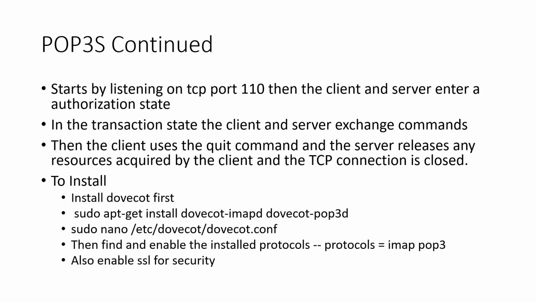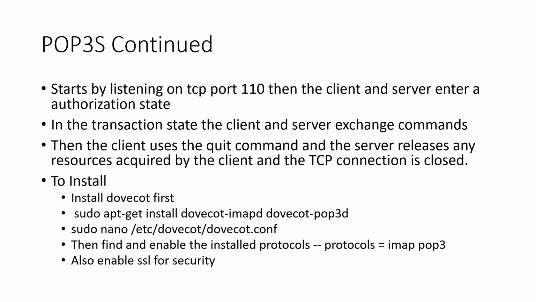In order to leave the session, the client will use a quit command, and this is when the server would delete anything that was released to the client. Also the TCP connection is closed.